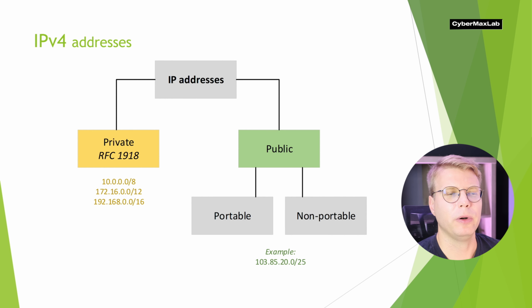But there is a catch: private address space is not publicly internet routable, and if hosts with private addresses need to communicate to the internet, this needs to be translated. This is called the Source NAT, or network address translation. So this is the whole topic of conversation in this video.